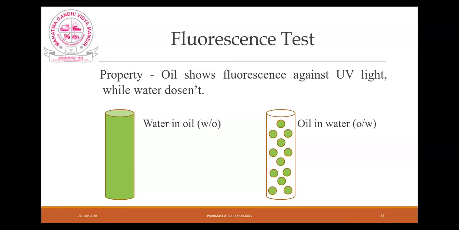If the whole test tube shows fluorescence, the type of emulsion is water in oil. If dotted fluorescence is observed, that means oil is the internal phase and water is the external phase, and we can easily identify the type of emulsion is oil in water.